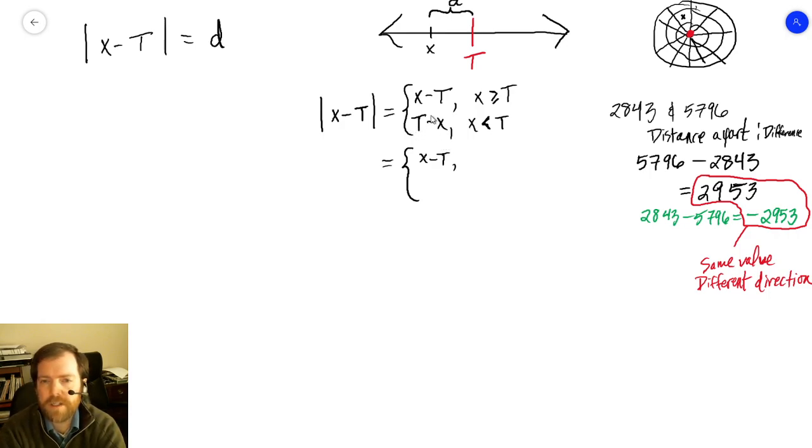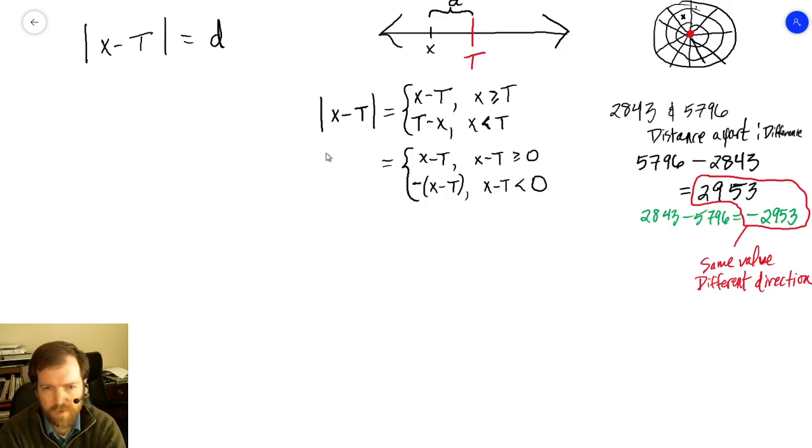Here, instead of having t minus x, I'm going to switch this around and make it a negative parentheses x minus t. And then I'm going to bring the t over to the other side, so it's x minus t is greater than or equal to 0, or x minus t is less than 0.